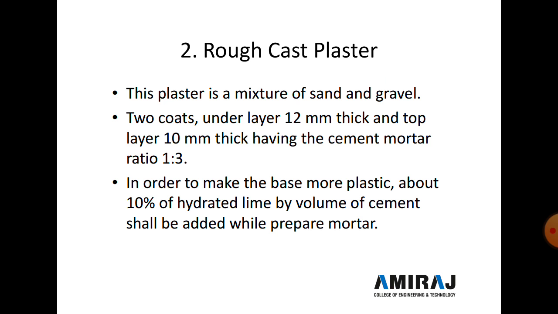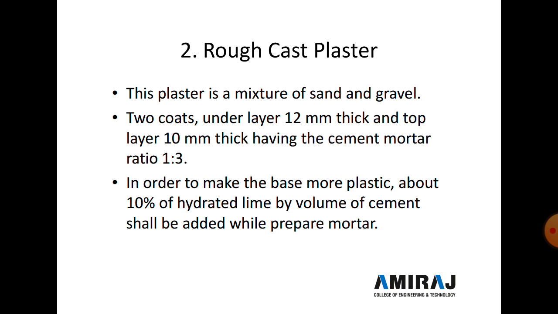Now here 2 coats are applied. The first coat is 12 mm thick and the second coat is 10 mm thick. Both plasters have a cement sand ratio of 1:3. Now in order to make the base more plastic, about 10% hydrated lime by volume of cement shall be added while preparing the mortar.